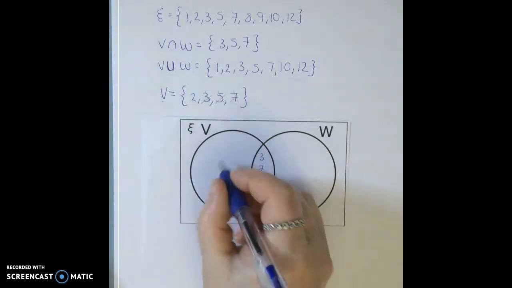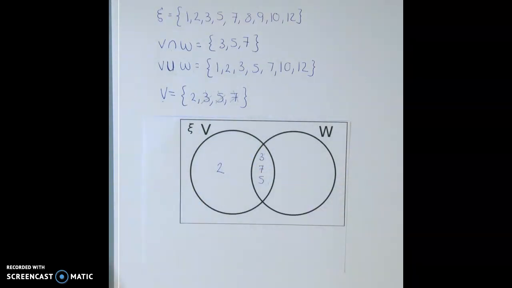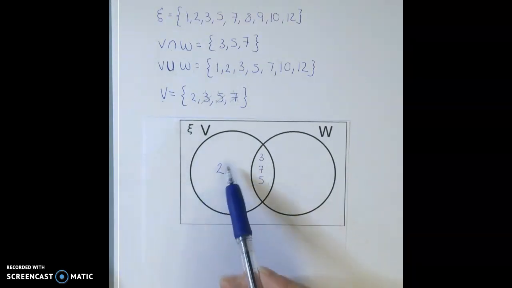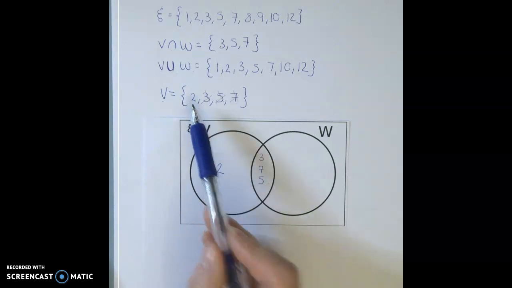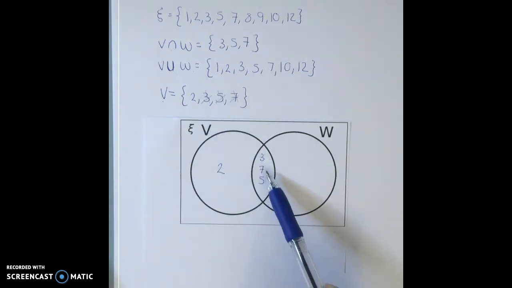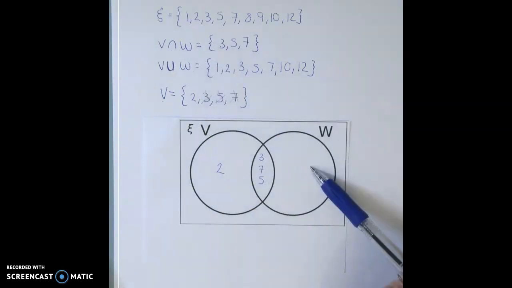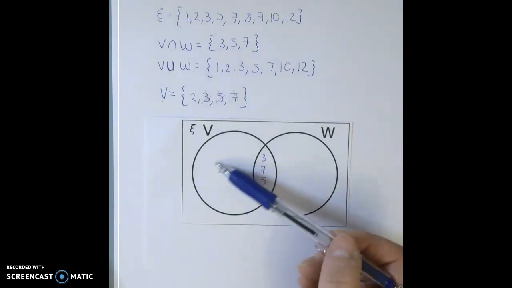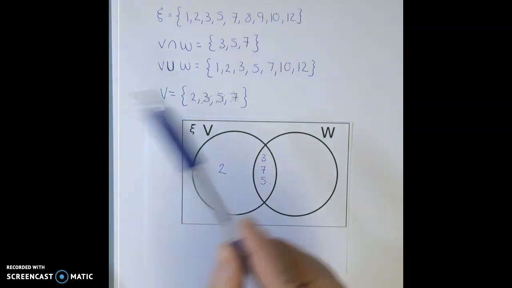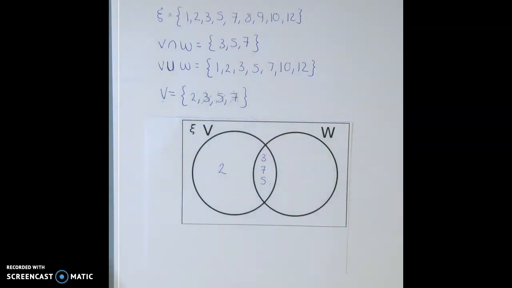So we know that the 2 has to sit in the circle here because 2 is in subset V, so is 3, 5 and 7, but 3, 5 and 7 is also in W, so the only remaining number left in subset V is the number 2. So that goes in our circle there.